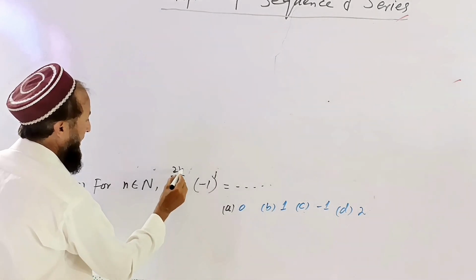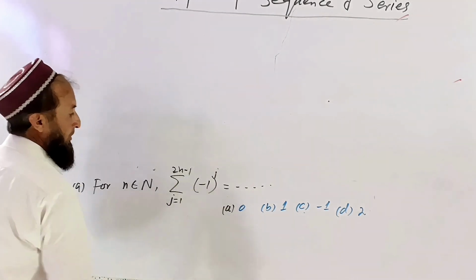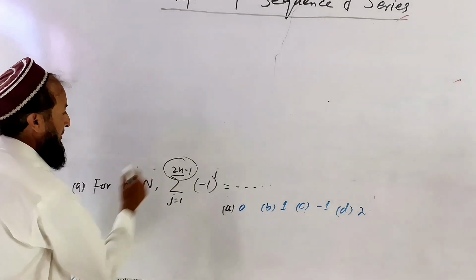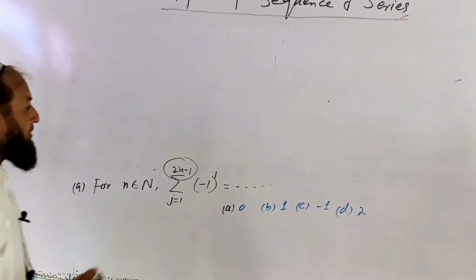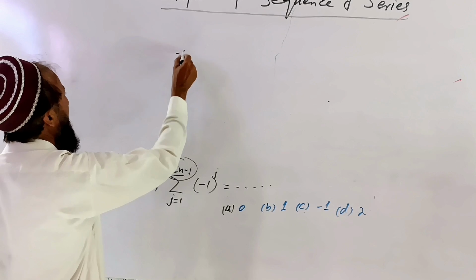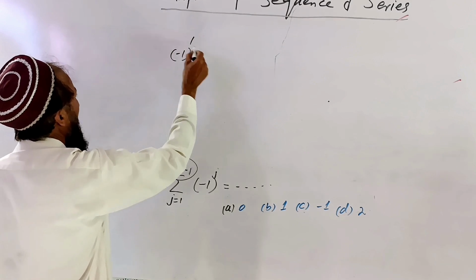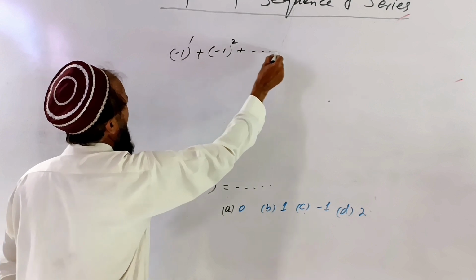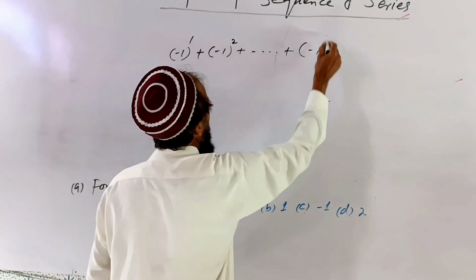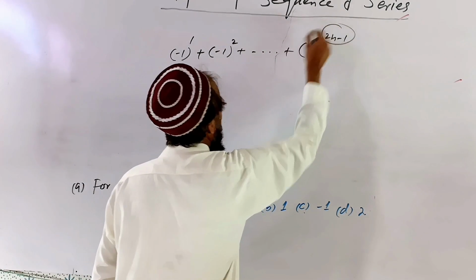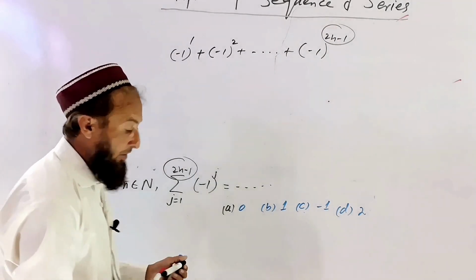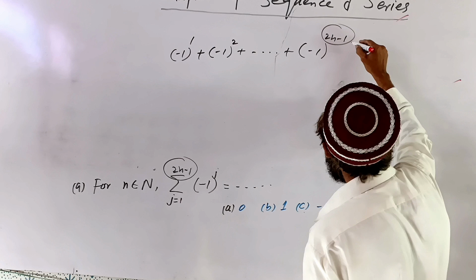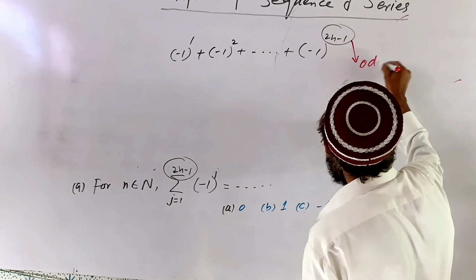Minus 1 power n. Here look, 2n minus 1, you judge the last term of this sequence. If we put n equal to 1, minus 1, plus minus 1 squared, plus up to so on, plus minus 1 power 2n minus 1. Here the power 2n minus 1 is an odd number.